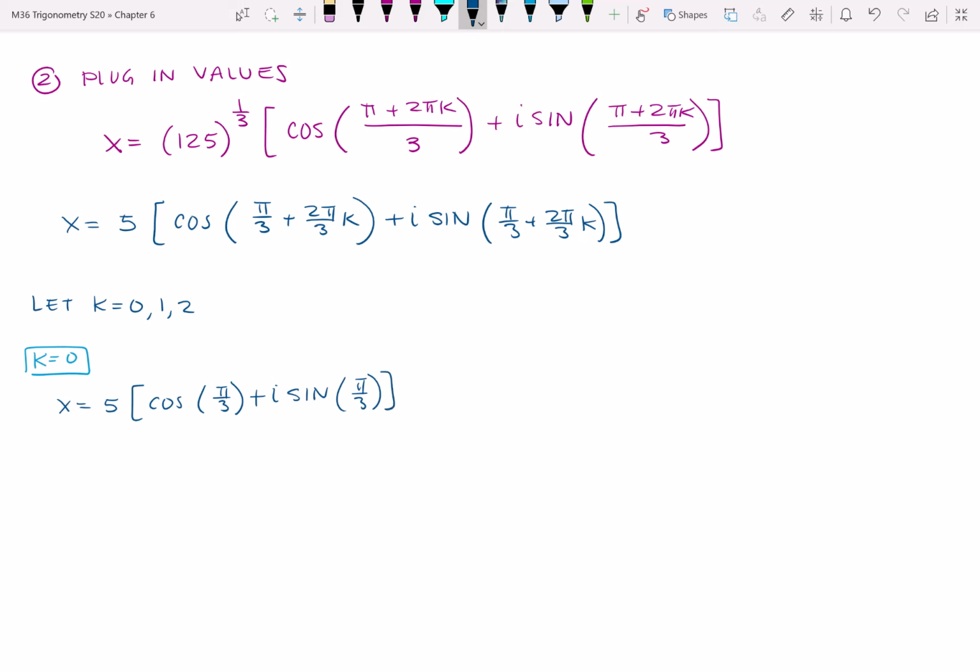So that's going to equal 5, and then cosine of pi over 3 is 1/2, plus i, and sine of pi over 3 is the square root of 3 over 2. So this is just 5 over 2 plus i times 5 square root of 3 over 2. We can put the i in the back to have it in that format. That's going to be one of the solutions, one of the roots.